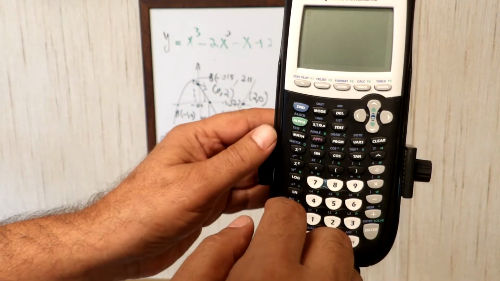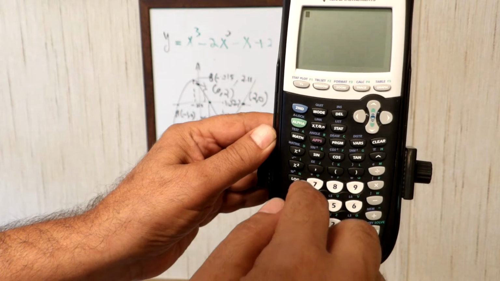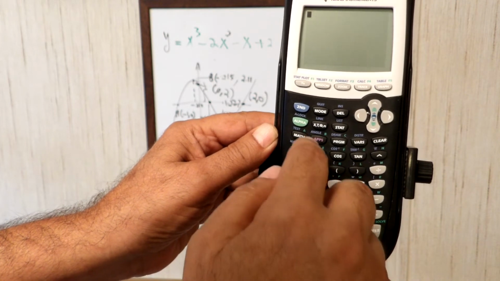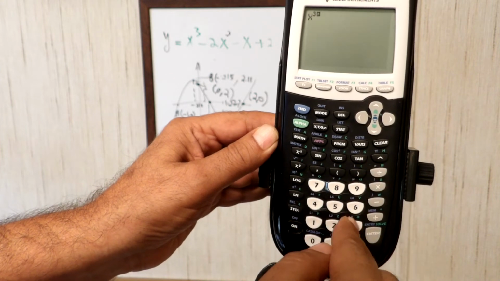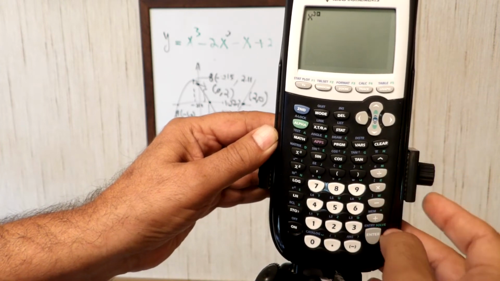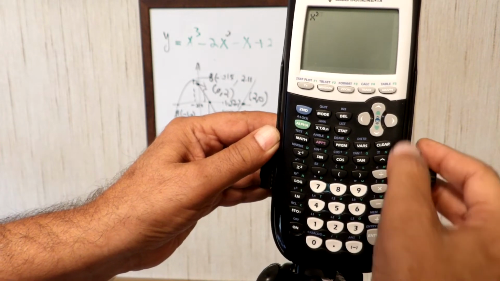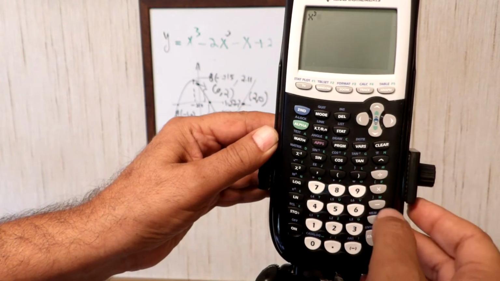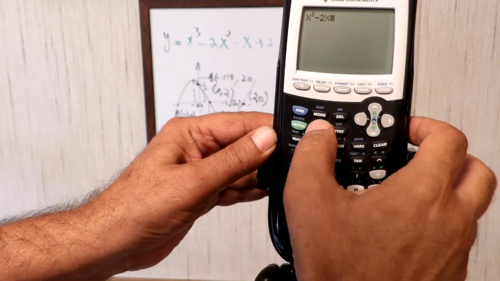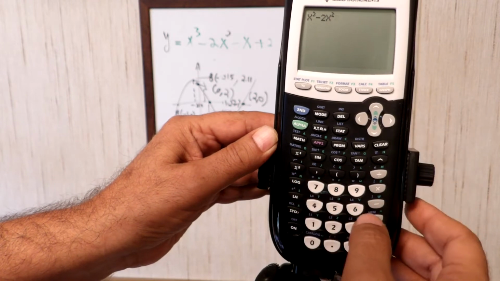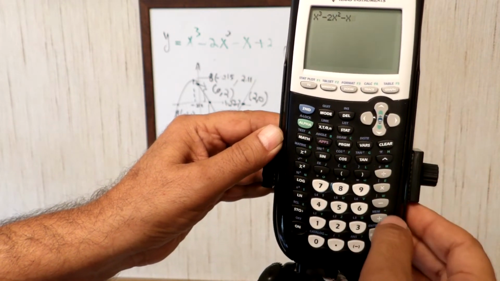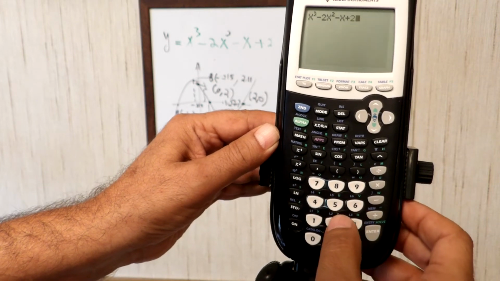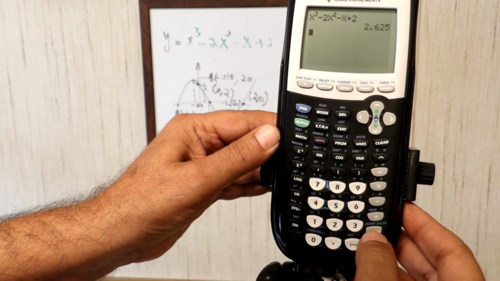So you can write the equation here: x to the power of 3, minus 2x squared, minus x plus 2. Okay?